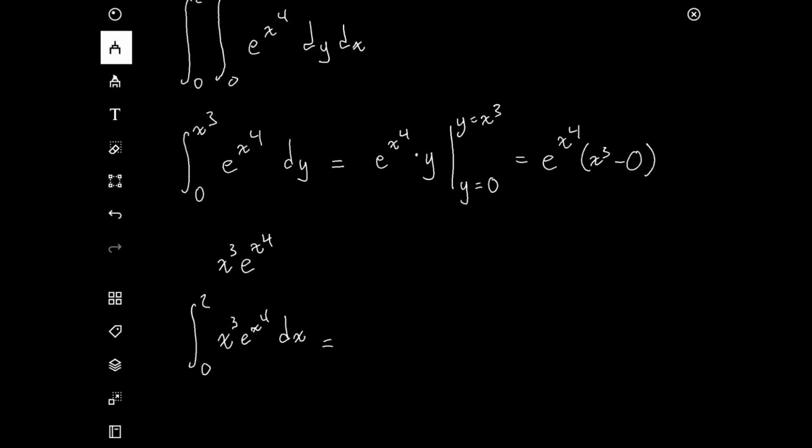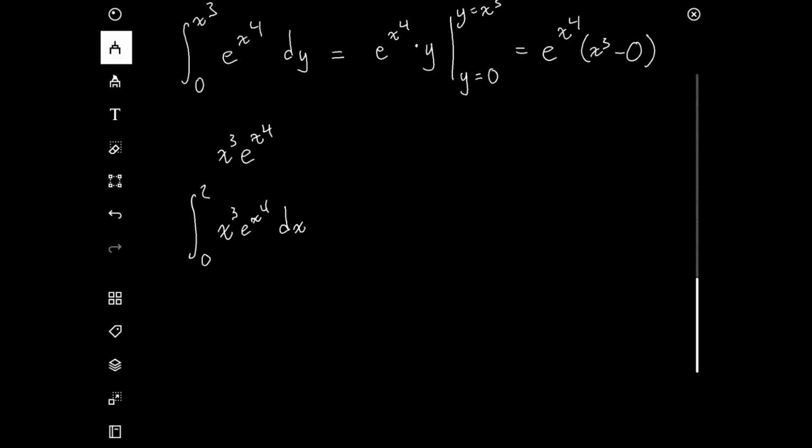All right, integral of this. So we can do some u substitution now. Let's say that u is equal to x to the fourth. Because we know what e to the u du will be, it's just going to be e to the u. So that's where we want to end up. du is 4x to the third dx.